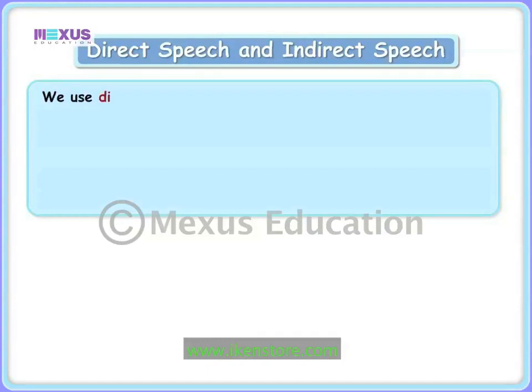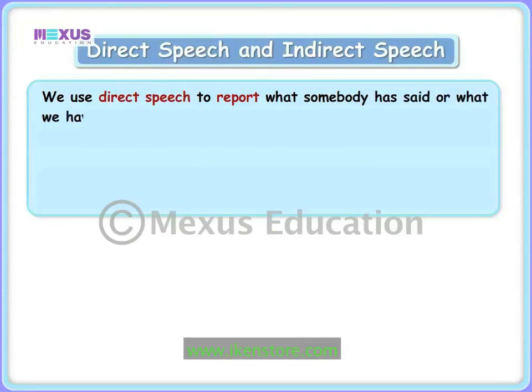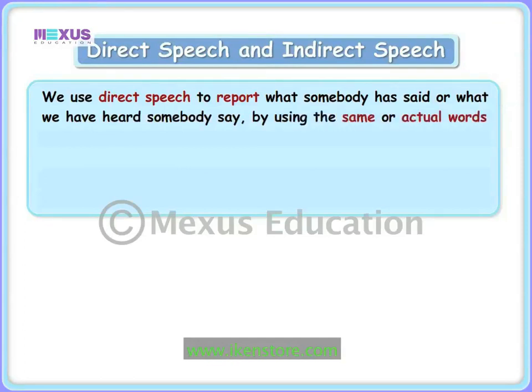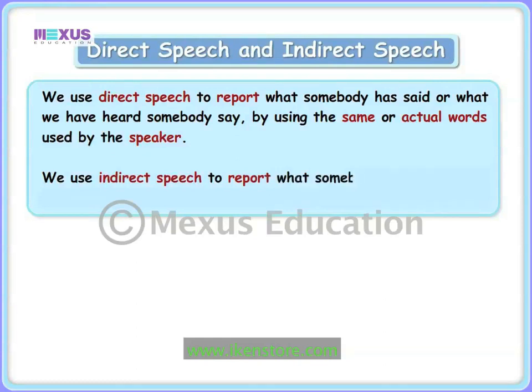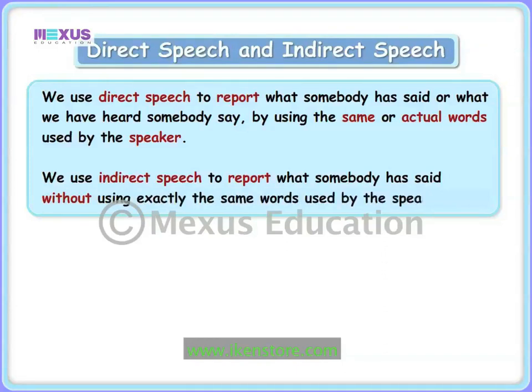We use direct speech to report what somebody has said or what we have heard somebody say by using the same or actual words used by the speaker. We use indirect speech to report what somebody has said without using exactly the same words used by the speaker.